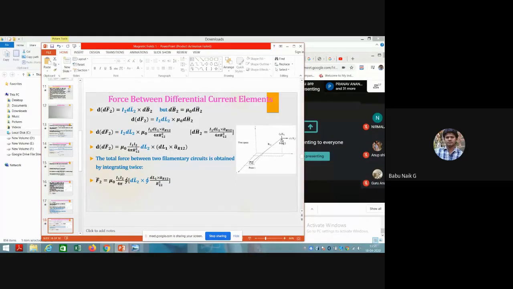Now, to calculate the force, we take the integration, since we have two differentials. Taking it to the right-hand side, we get closed line integrals: mu naught I1 I2 over 4 pi, closed line integral of dL2 cross closed line integral of dL1 cross a R12 over R12 squared.